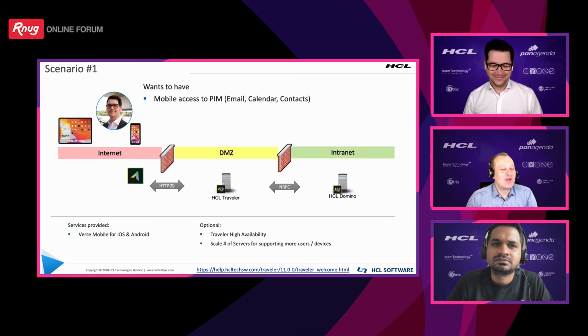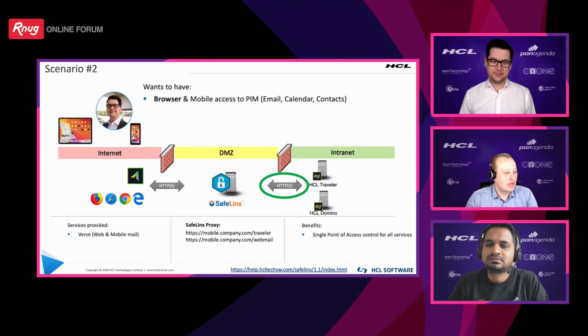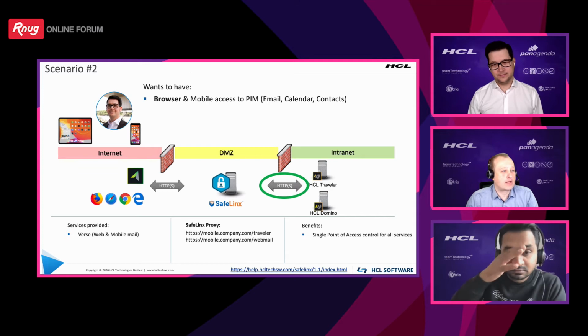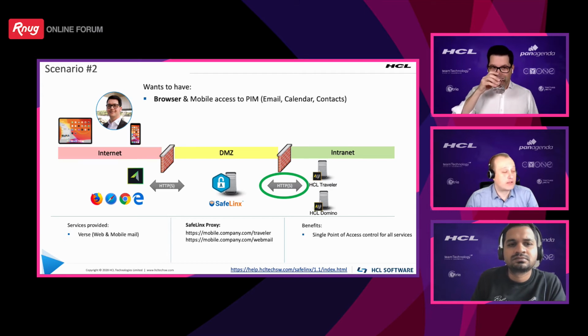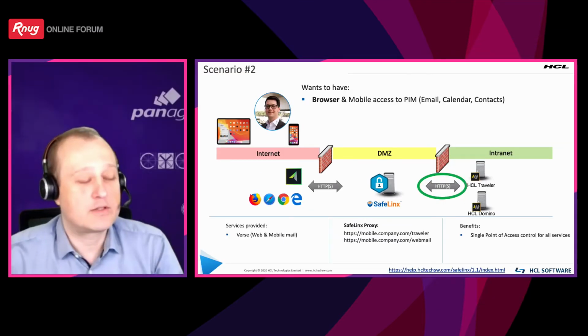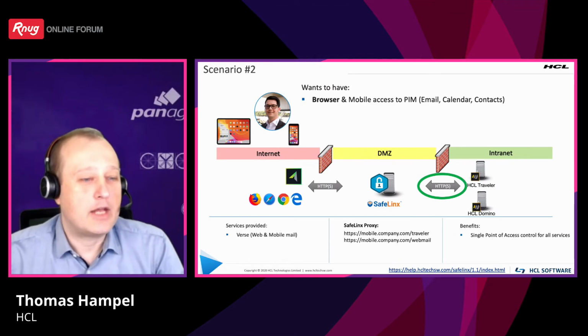So what would we do on the IT side? Well, what Chris is asking for is browser access to your calendar, contacts, and email. And browser access is, of course, provided by HCL Verse in the browser. We need to do a little bit more than installing a Traveler server because we need an entry point to our environment.